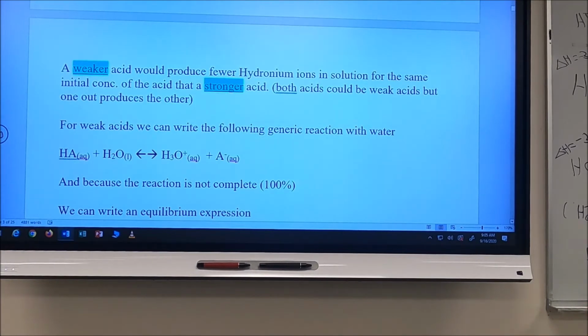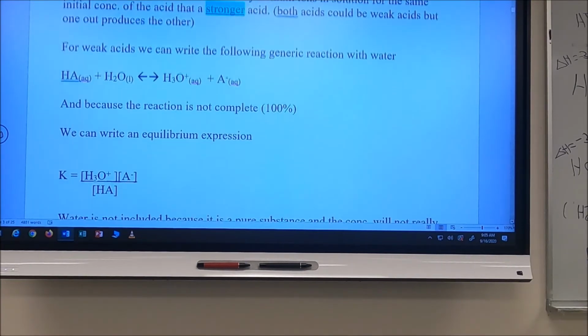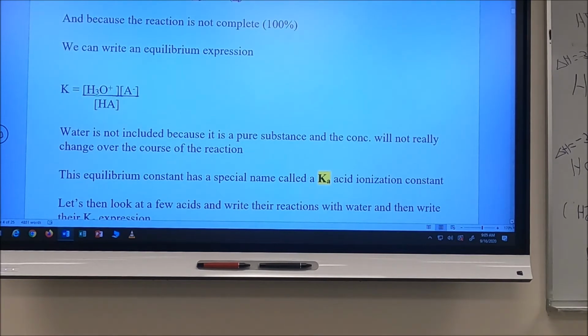Okay? Now, when we're dealing with acids and their behavior in water, we can have a generic reaction. HA aqueous plus water liquid goes to hydronium ions aqueous and an anion, A-. Okay? And we use the double arrow because, being a weak acid, this system comes to equilibrium. It does not go to completion, 100% conversion of HA to hydronium ion and A-. So we can write a generic equilibrium expression.